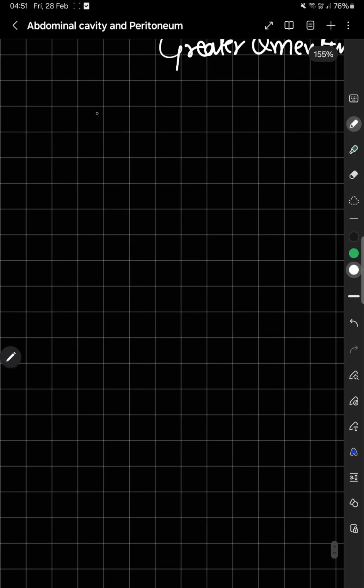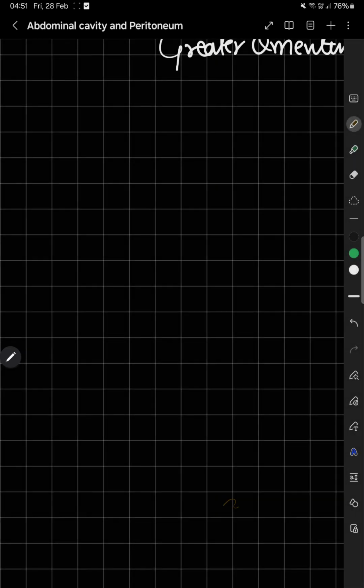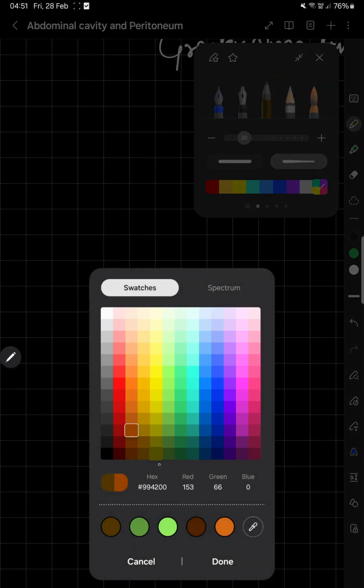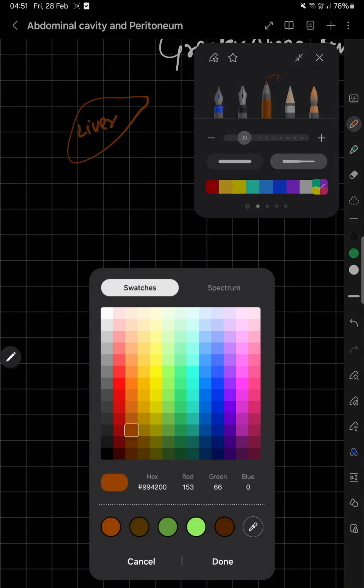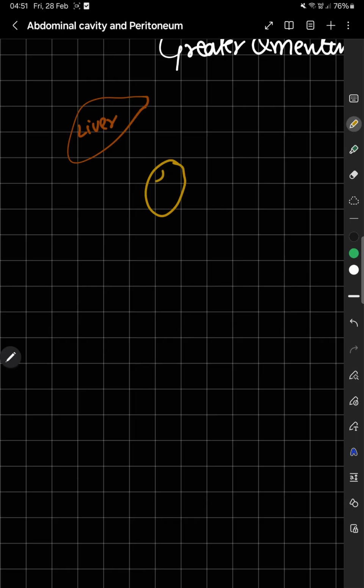Okay, so roughly we'll make our liver. To start off, first we'll have our liver, then we'll have our stomach, which would actually be inferior, somewhere over here.